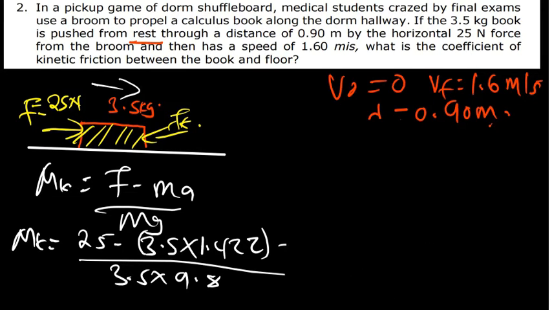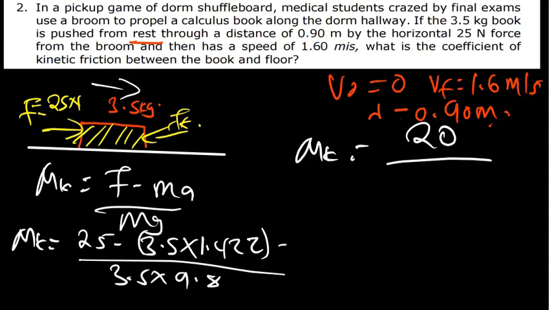So our mu k is going to be, we have 3.5 times 1.422, which is giving me 4.977. Then 25 minus 4.977, so on top I'm getting 20.